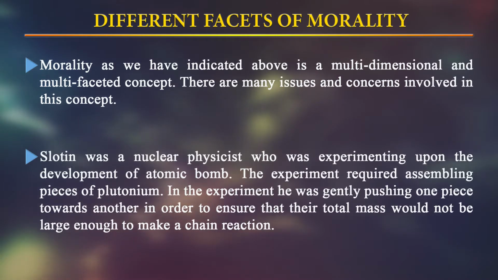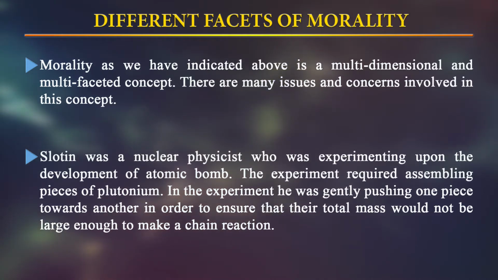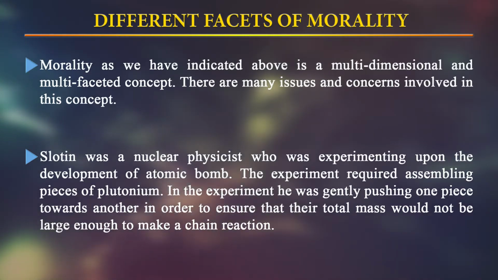Slotin was a nuclear physicist who was experimenting upon the development of the atomic bomb. The experiment required assembling pieces of plutonium. He was gently pushing one piece towards another in order to ensure that their total mass would not be large enough to make a chain reaction.